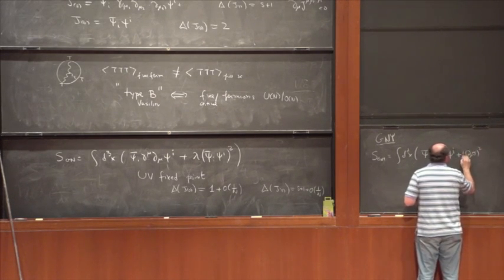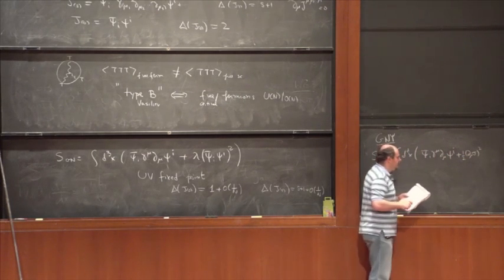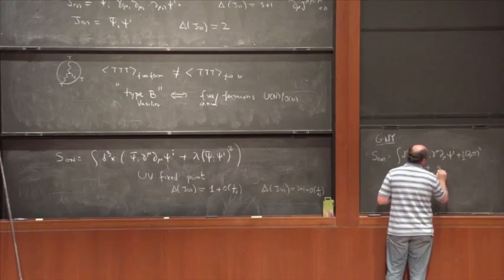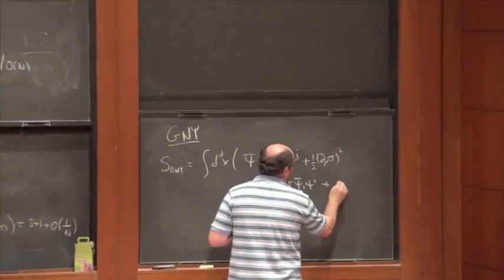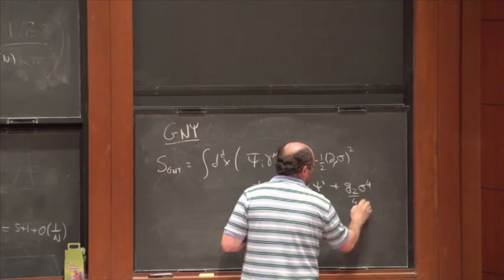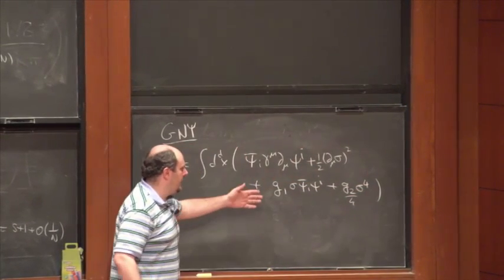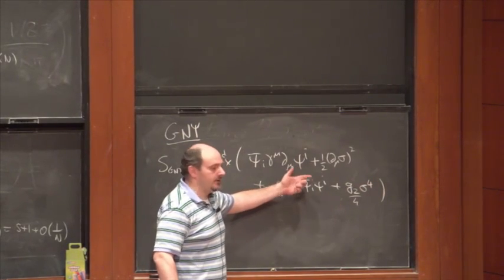We start with a theory which has N fermions plus 1 extra massless scalar with some interactions, which are the only interactions that are marginal in d equal 4, consistent with the symmetry.